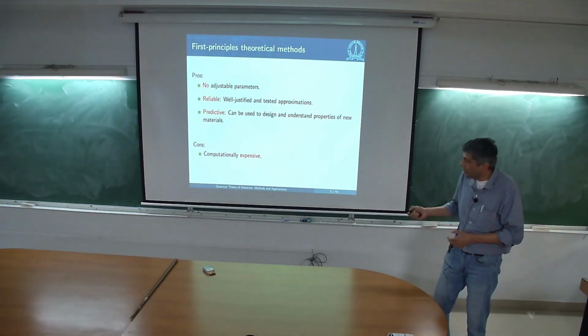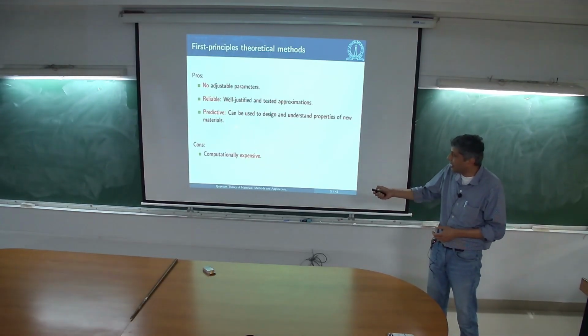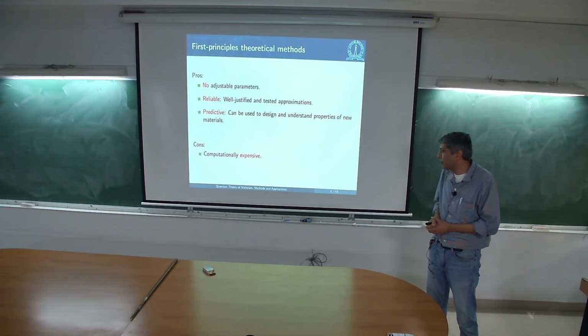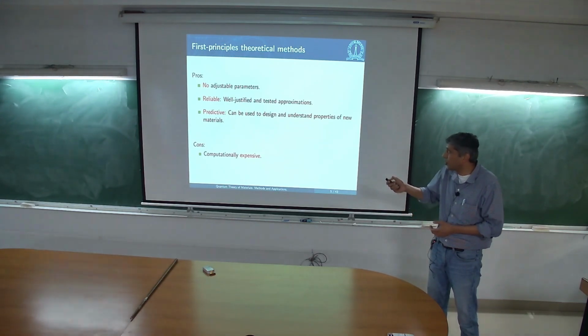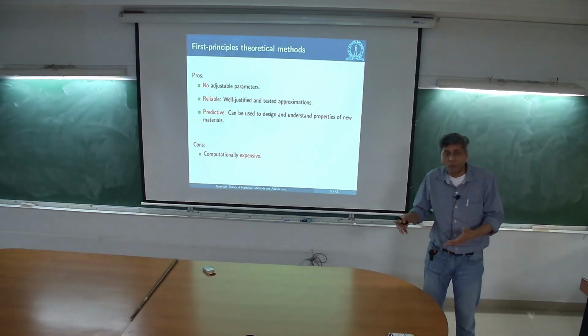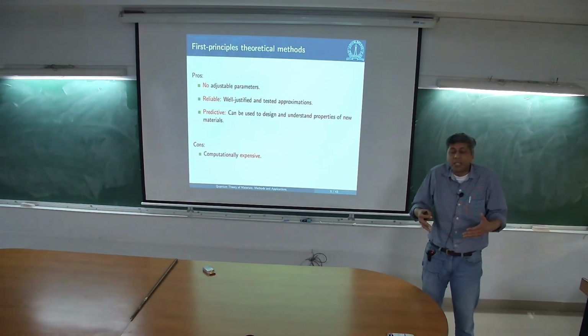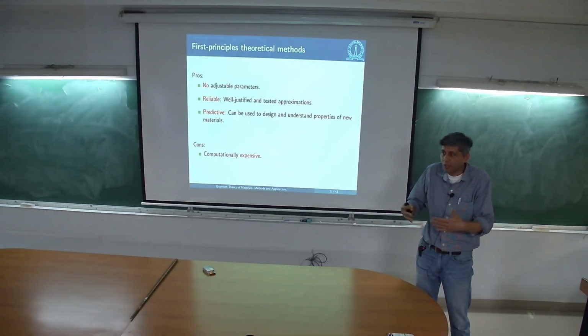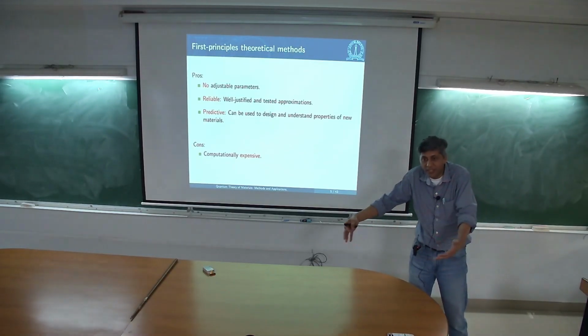So these are the advantages and the disadvantages of using first principles methods. As a result, you cannot explain all kinds of phenomena. You cannot do systems which are extremely large in size, and you cannot construct, for example, the kinds of things that a metallurgist would see in a grain boundary in a very large system.